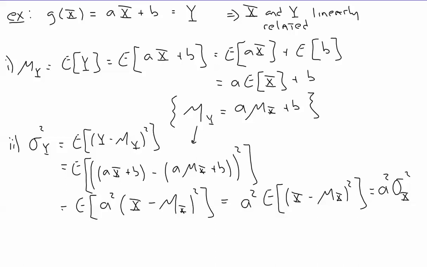And the variance of x is, one last step, I get a squared times the mean squared value minus the square of the mean. Okay? So if I have x and y that are linearly related to one another, and I know the mean and the mean squared value for x, I can find the mean and mean squared value for y. It's just that simple. All right?